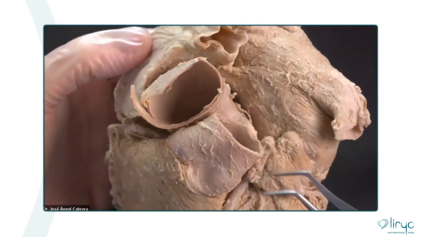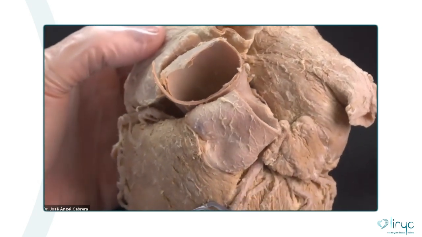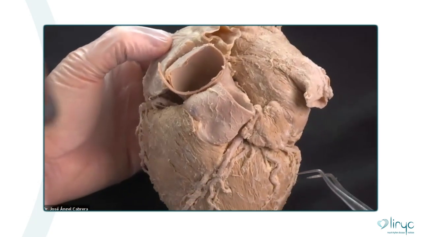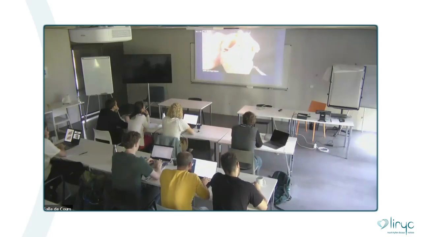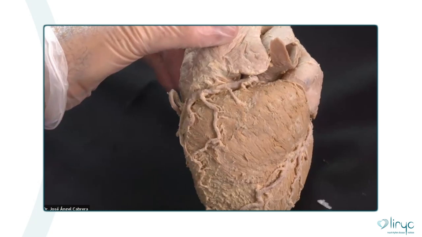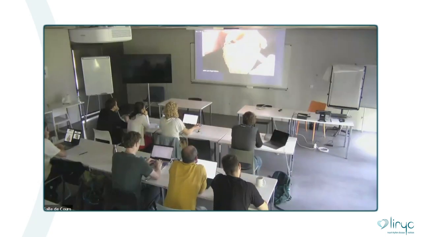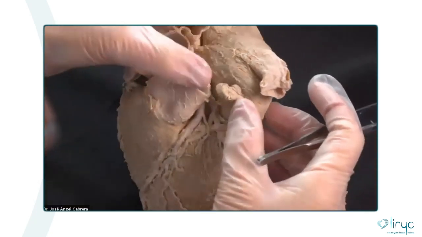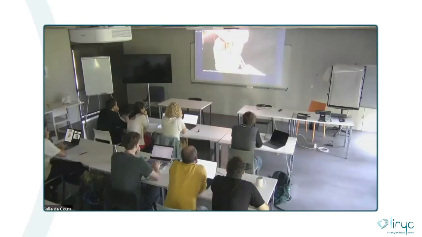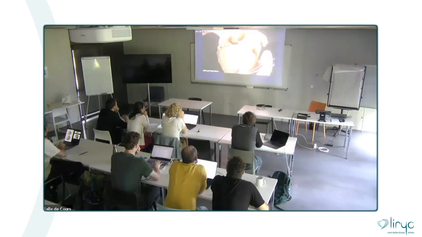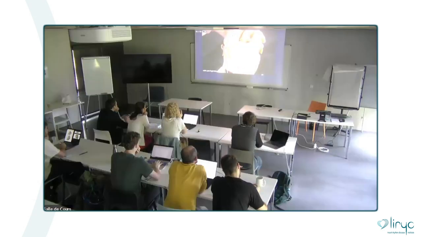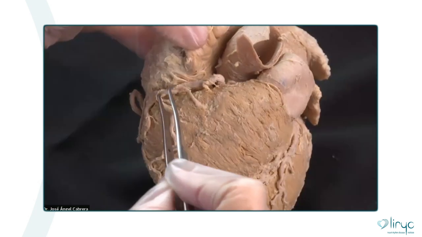left atrial appendage. Therefore, in the sternocostal view, anterior view, the left border corresponds to the obtuse border, and the right border corresponds to the acute border. And the left AV groove with the circumflex artery surrounding the left AV groove and the great cardiac vein, the right AV groove with the right coronary artery surrounding the AV groove.